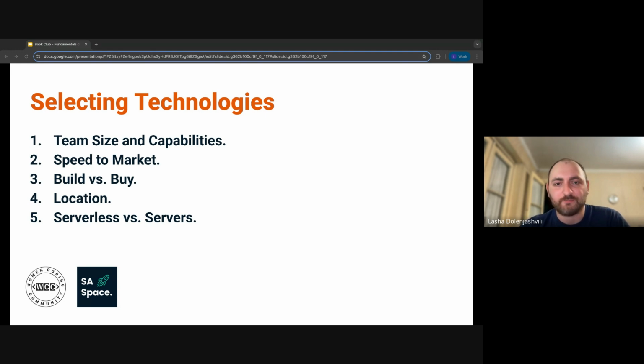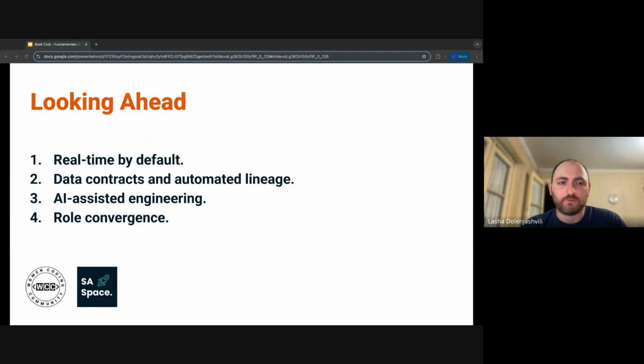Because these benchmarks are done mostly in isolated environments and do not take into account different integrations with different tools. So, what does the future of data engineering look like? The book highlights several key trends that are already reshaping our work.